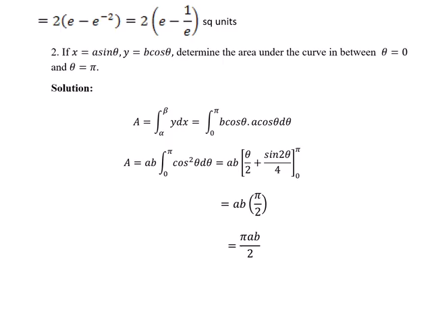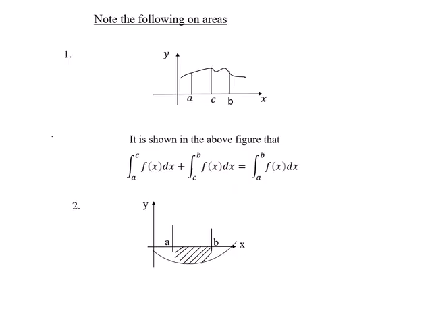So we are moving on. Now we want to take notes of all this on areas, that is area under the curve. Let's look into this number 1 diagram. You see the curve fell on the what? On the positive y-axis.